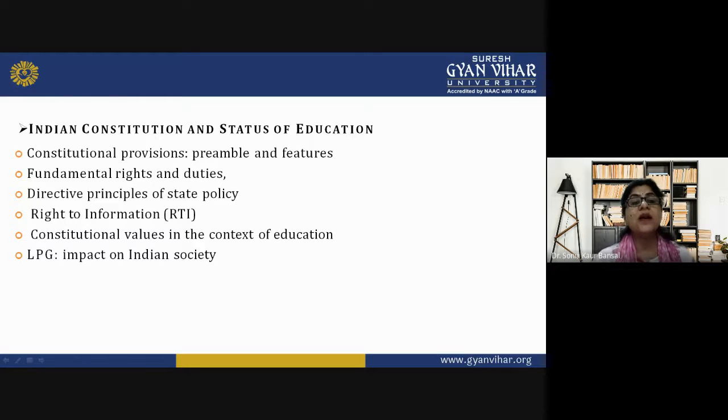And the remaining articles became effective from 26 January 1950. This is important for all of you to know: some of the articles were effective from 26 November 1949 and the remaining articles came into effect by 26 January 1950 onwards.